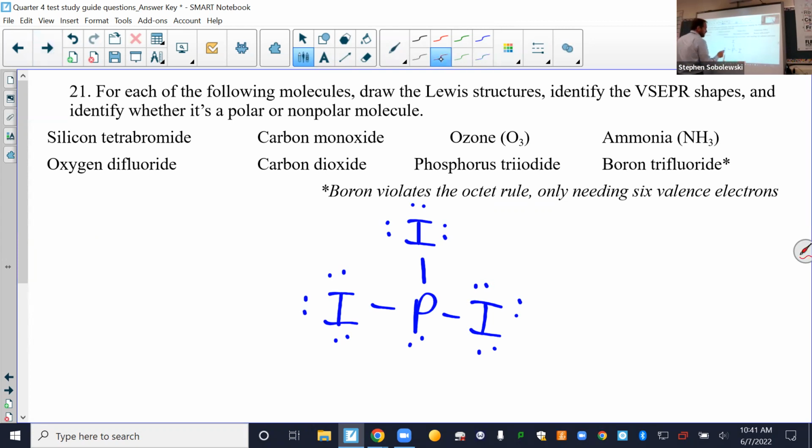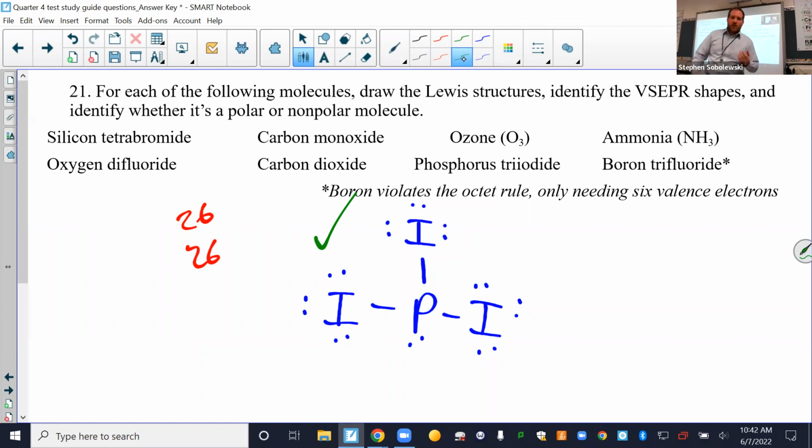All right, let's see if this is correct. 2, 4, 6, 8, 10, 12, 14, 16, 18, 20, 22, 24, 26. All right, 26 electrons. And now we check the periodic table. So 1 phosphorus is 5. 3 iodines is 7, 7, 7. So that's 21. 5 and 21, 26. We're good. So that's our Lewis structure.